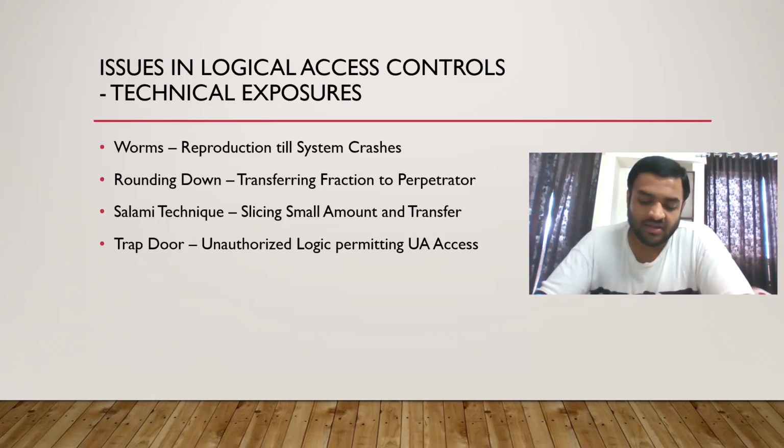Like the account balance is 50,000.25 or 60,000.01. What will happen is that 0.25 and 0.01 from all the accounts of the organization will be transferred to the perpetrator's account automatically. The thing is, if you don't keep a track on these accounts, you will not be able to notice this. And even if we notice this, we will say that these are just some bank charges deducted by the bank. We need not worry about it. So it is very difficult to find these technical exposures of rounding down.